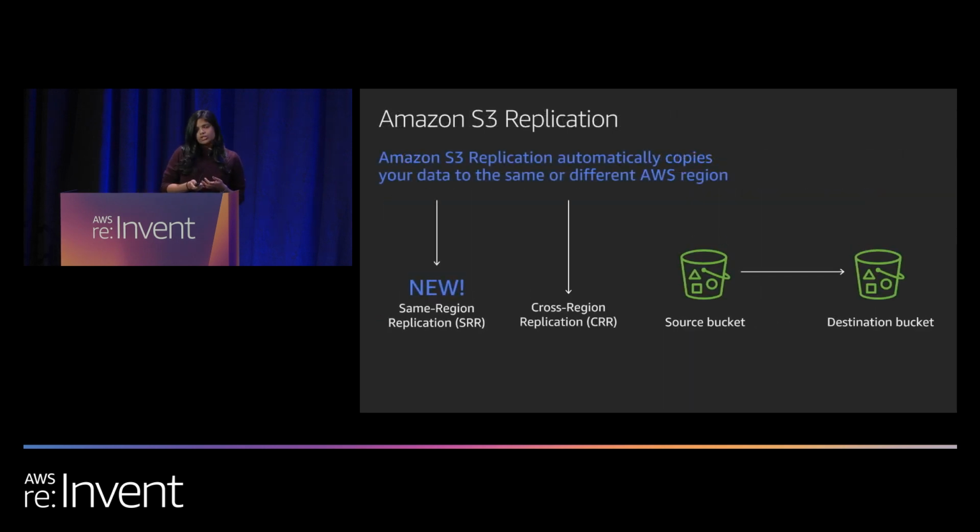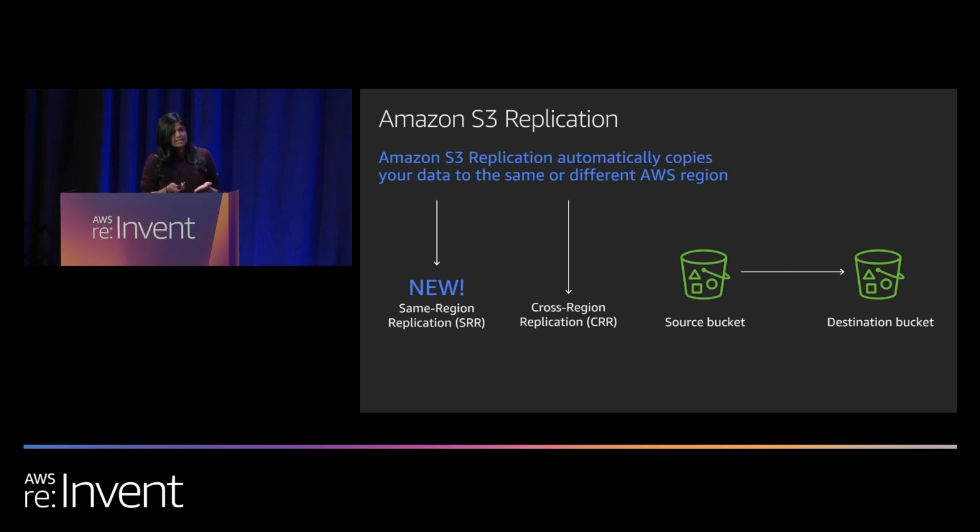S3 replication is an automatic and asynchronous process that creates identical copies of your objects, retaining all the metadata that is on the source object, including your creation date and time and version IDs. Since S3 cross-region replication launched in 2015, this feature has replicated trillions of objects and exabytes of data.